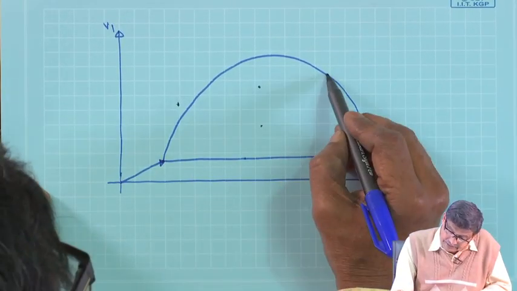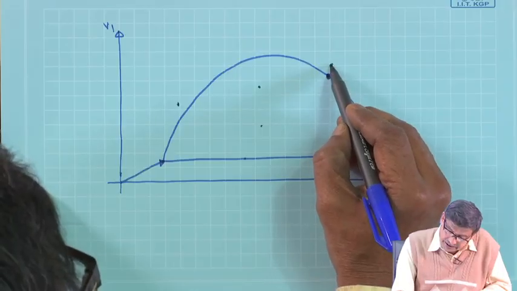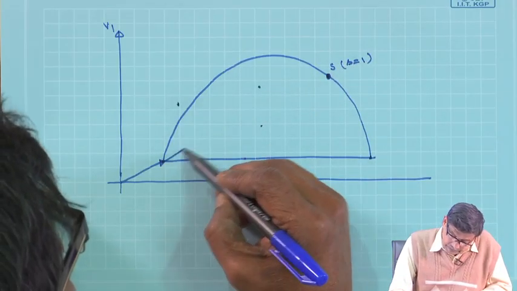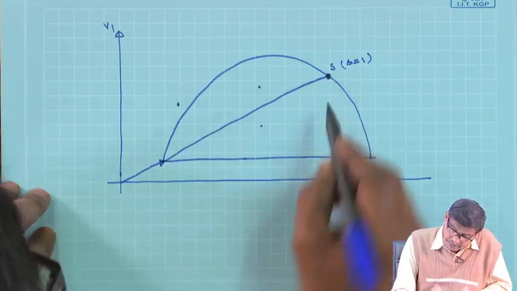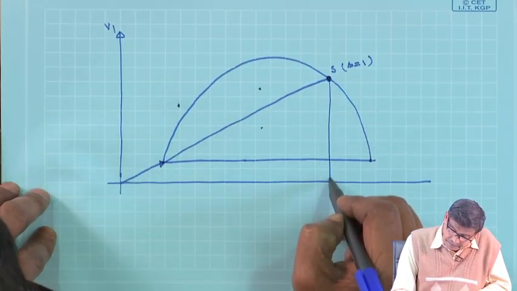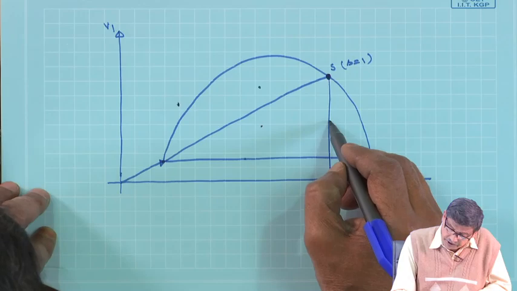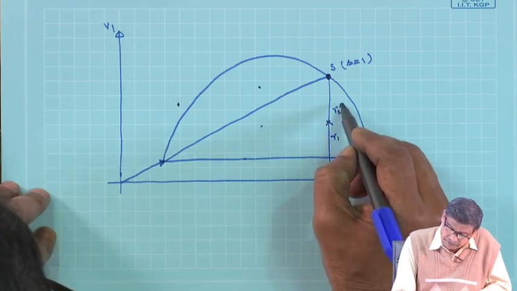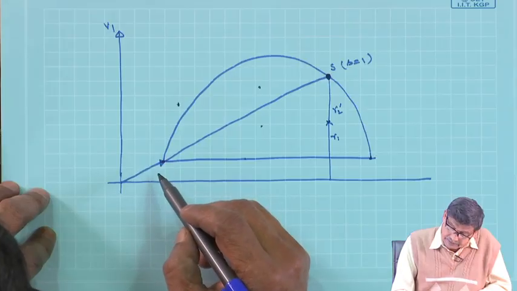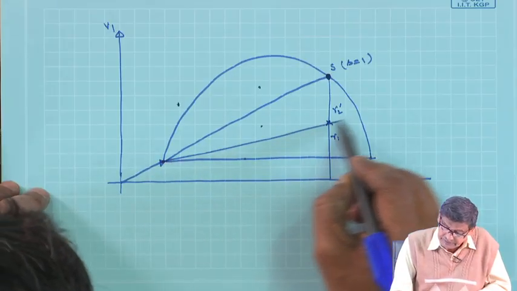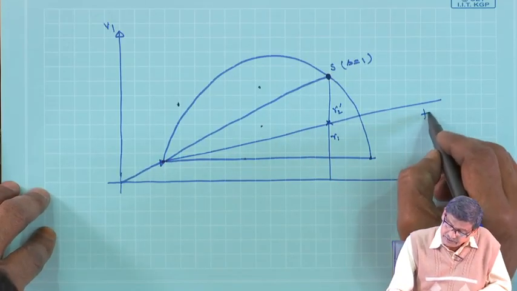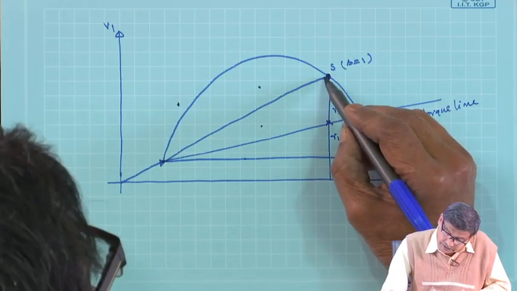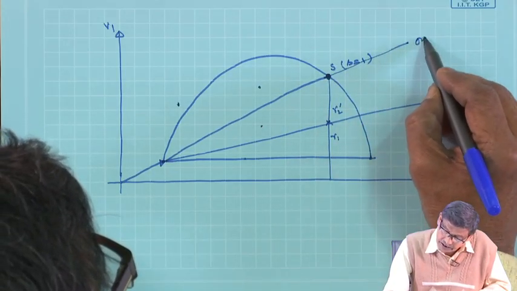These 2 points are crucial: S equal to 1 point, the standstill point, is here. Drop a line, and do not forget to divide this line in the ratio of R 1 is to R 2 dashed. Then draw another line, and this is the torque line. I am repeating so that you understand. This is the output line.